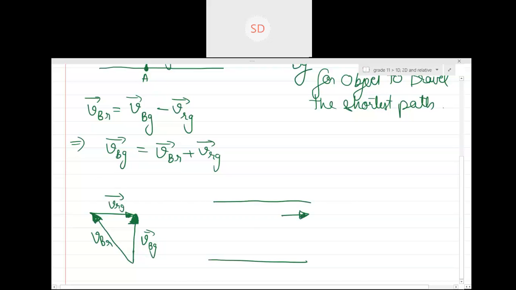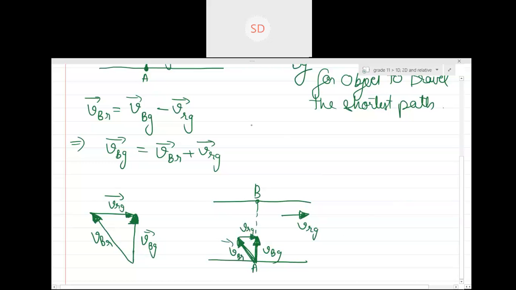The object wants to move like this, but if it jumps straight, it will be shifted sidewards, right? So basically, to reach at point B, the object doesn't go directly towards point B. He jumps upstream in such a way that when you add this river velocity, you get the shortest path.